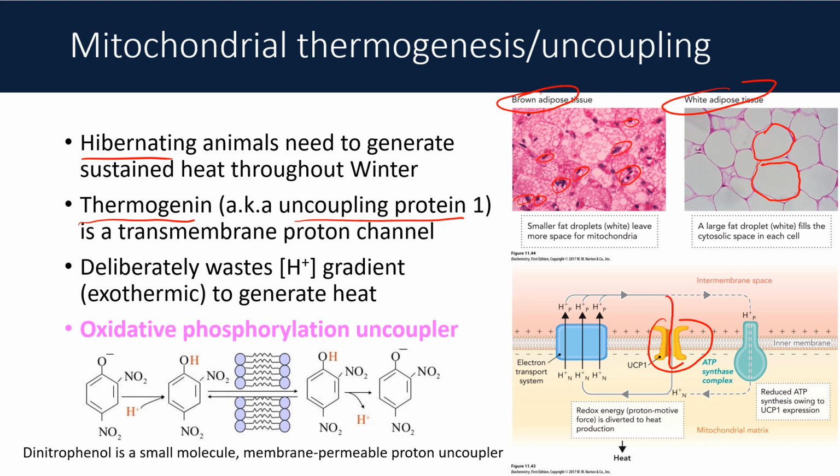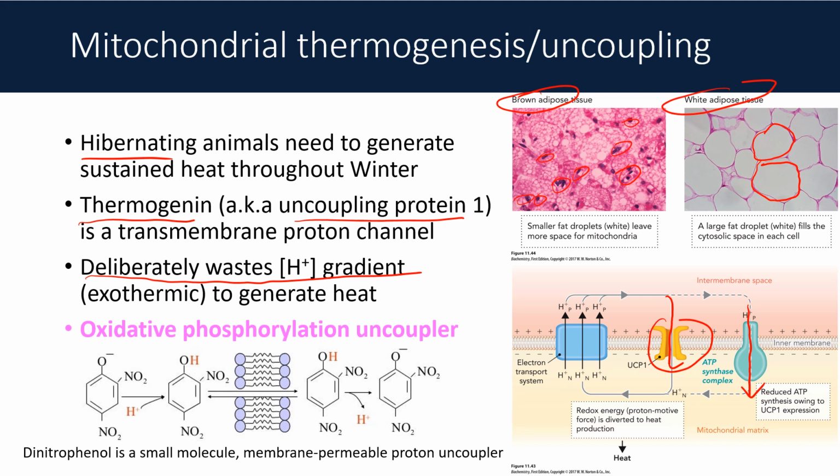It's basically ATP synthase, but without the synthase portion. We are deliberately wasting this proton gradient that our pumps worked so hard to generate. And this sounds like a catastrophe, and normally it would be, but this is actually quite deliberate in hibernating creatures.